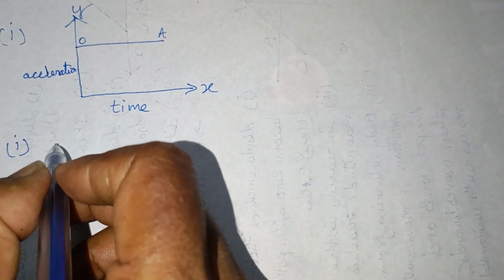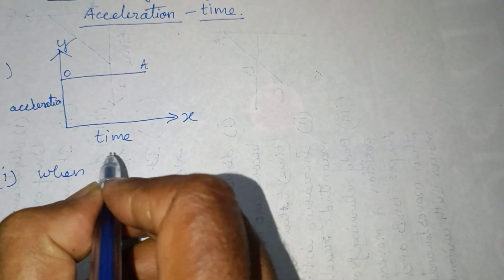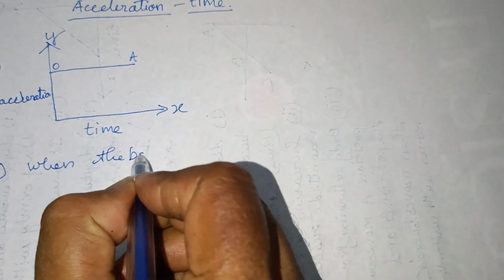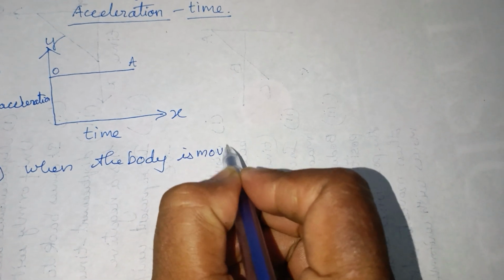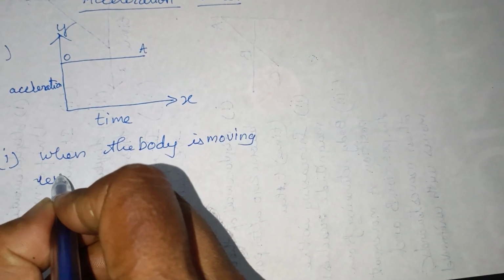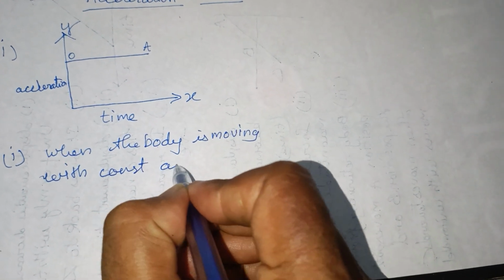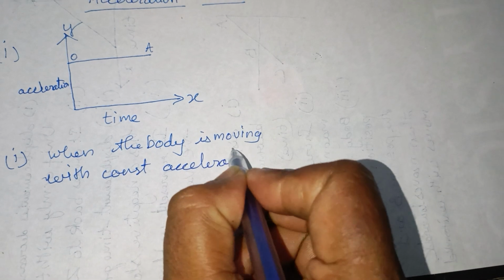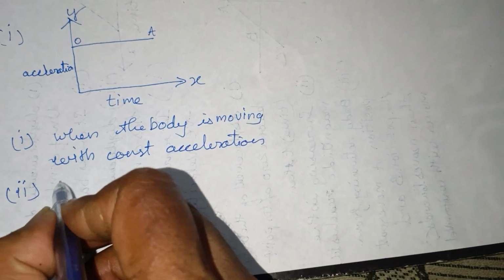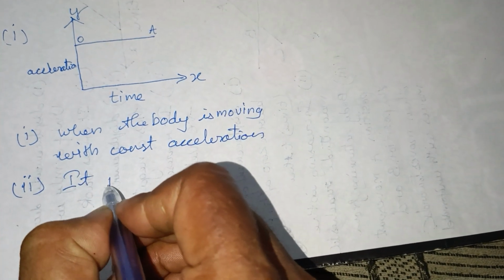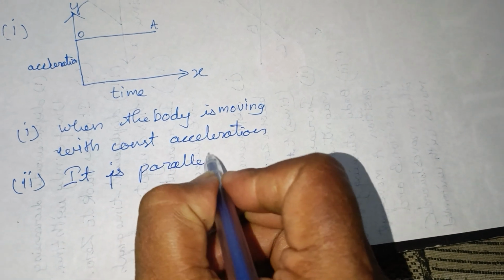That is when the body is moving with a constant acceleration. When the body is moving with a constant acceleration, the second point is that it is parallel to the time axis.